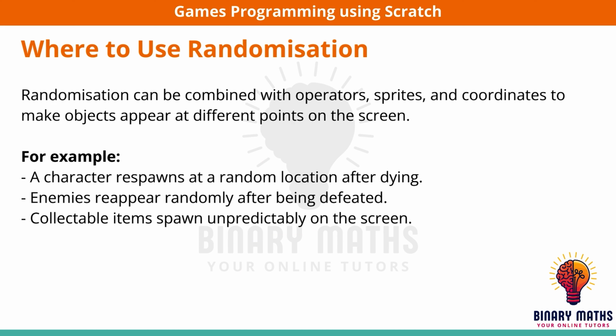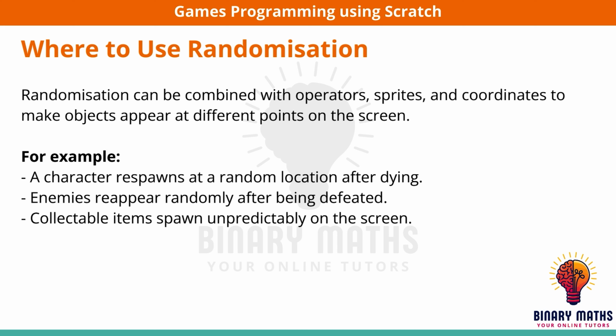Now let's talk about where you might want to use randomization in your games. Randomization is great for making things unpredictable and exciting. For example, if your character dies, you might want them to respawn at a random location instead of the same spot every time.